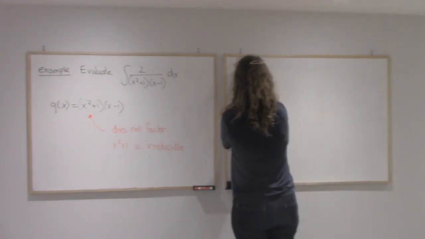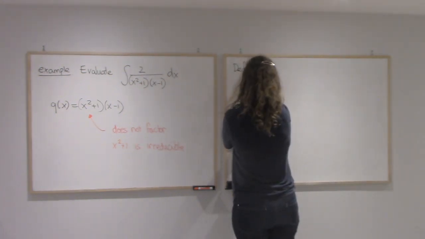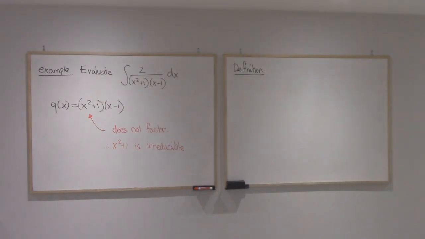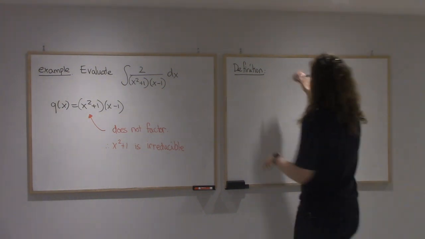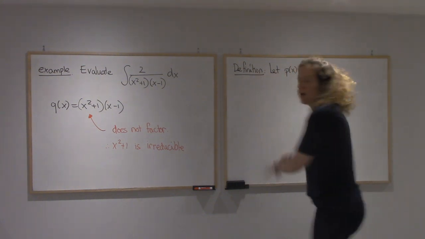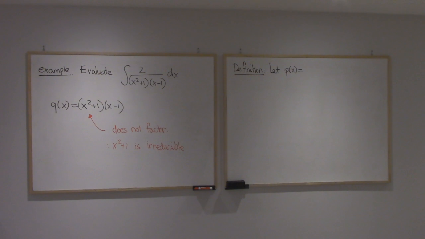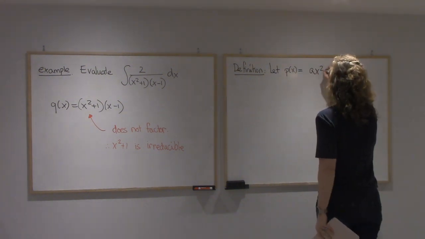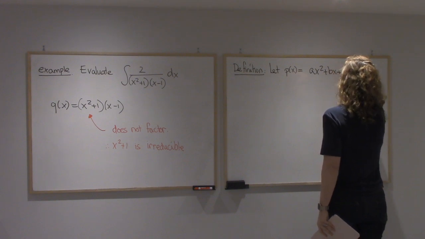Alright, so let's first let me take p of x to be ax squared plus bx plus c.